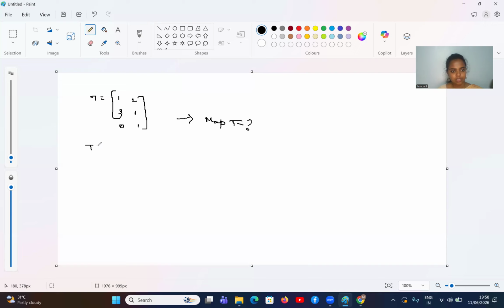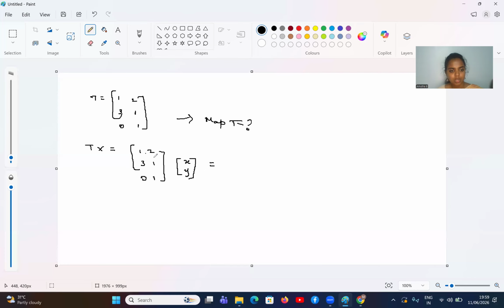So, T x equal to, T is nothing but 1, 2, 3, 1, 0, 1. So the number of columns is 2, so that's why you can write 2 elements in the same column. How can we write this? You just multiply these two matrices.